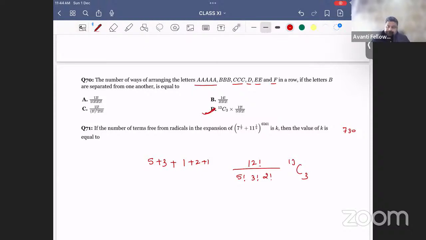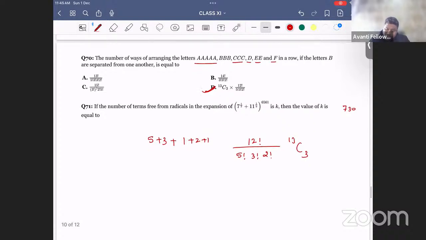Got it? Now, the number of terms free from radical in this expansion, (7^(1/3) + 11^(1/9))^6561. A general term T(r+1) is 6561Cr (7^(1/3))^r (11^(1/9))^(6561−r). Correct?